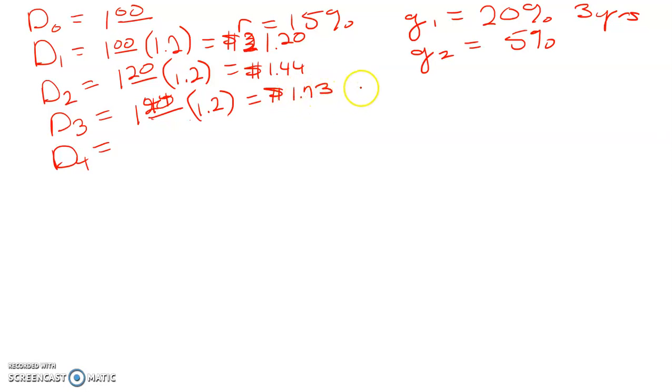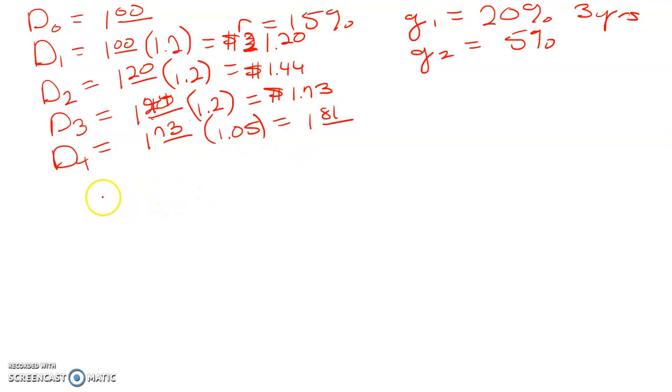That number is not exactly $1.73, so there's some additional decimal places out there. And then D4, $1.73 times the 1.05. So if we switch from 20% growth rate to 5%, we get $1.81.